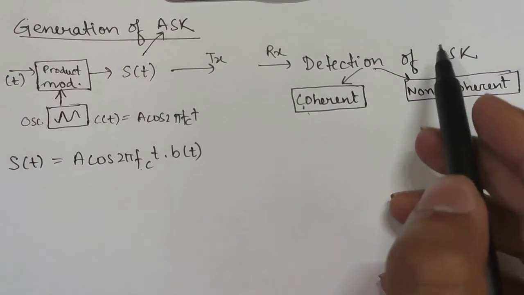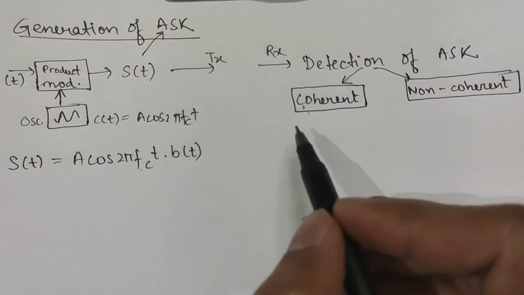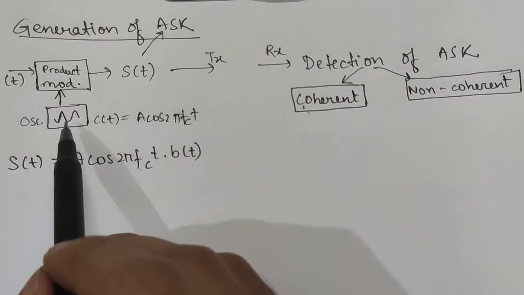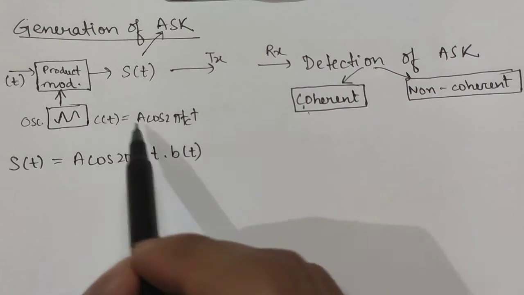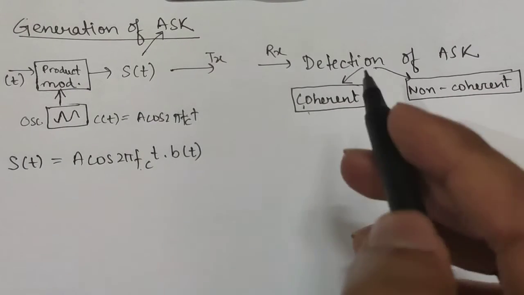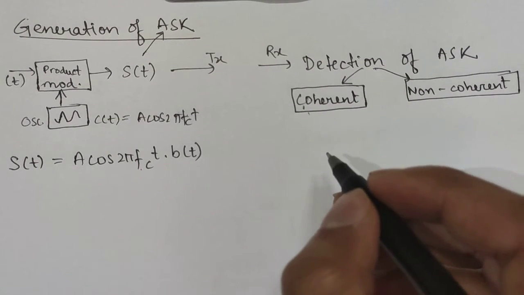In coherent detection of ASK, the frequency and phase should be same as what was used for the generation of the ASK. Whichever carrier frequency you have used, it should be the same here for detection also.